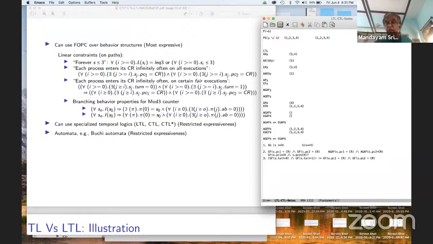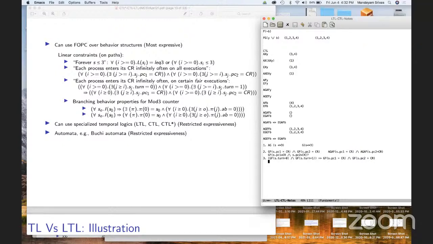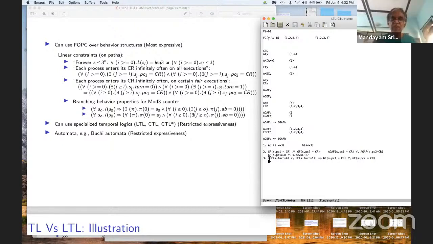it is quite easy. Now, can this be expressed in CTL? Ratnakar? Yes, just convert every G and every F to AG and AF respectively. Yes.